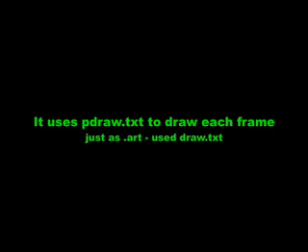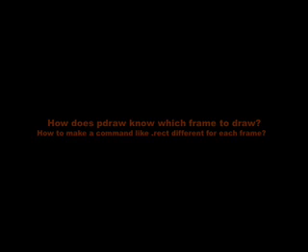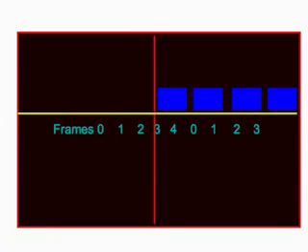You say .play space hyphen, and it draws the default sequence of frames using pdraw.txt to draw each frame. And I'd like you to try it, and you'll see the initial title sequence. The question is, how does pdraw know which frame to draw, and how do we take a command like .rectangle and make it do different things?